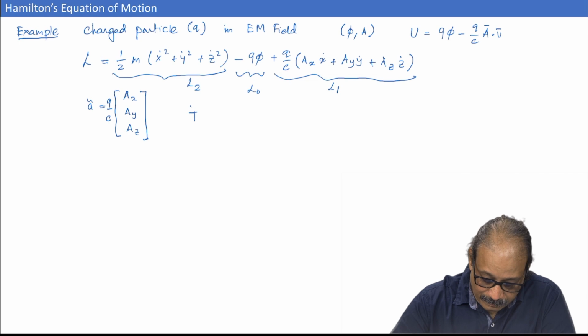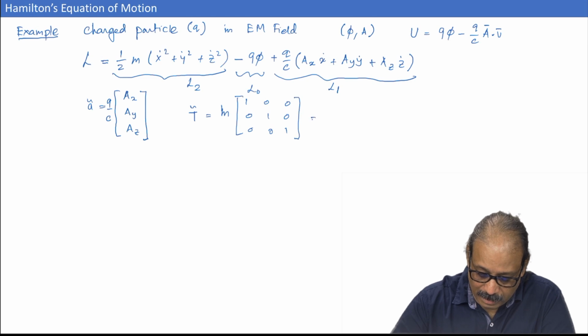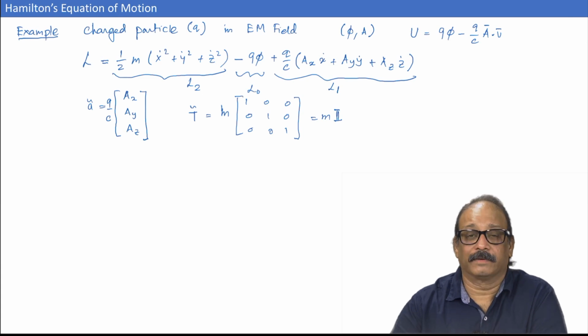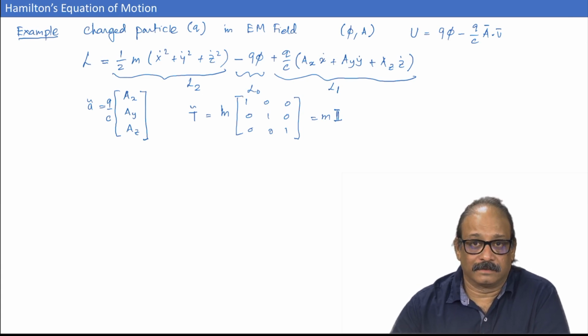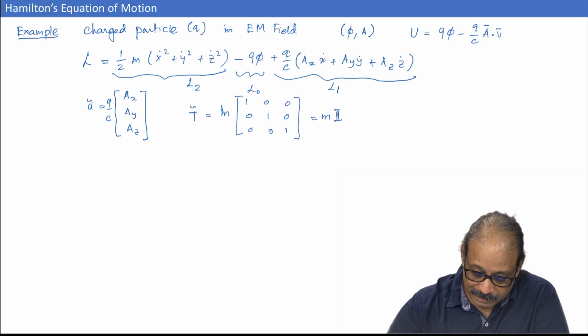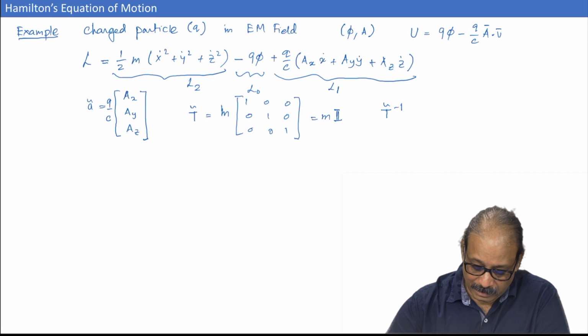T matrix is M times the matrix 1 0 0, 0 1 0, 0 0 1. Oh, but that is just M times the identity matrix. Okay. This is the 3 by 3 identity matrix. That makes it very simple, because then I can immediately calculate T tilde inverse. Inverse is simply 1 over M times the identity matrix there.